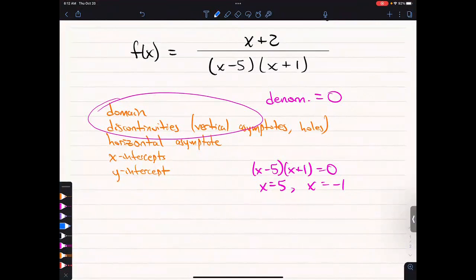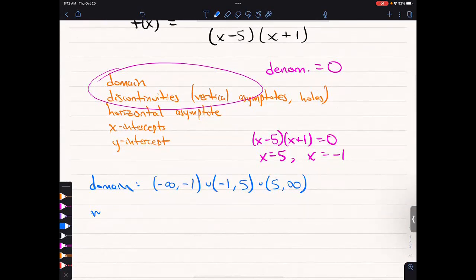Okay, so the domain is everything except those two values. And are we getting to the point where we're comfortable enough with that I can just write it down and we're good to go? Okay. All right, domain there. There are vertical asymptotes.